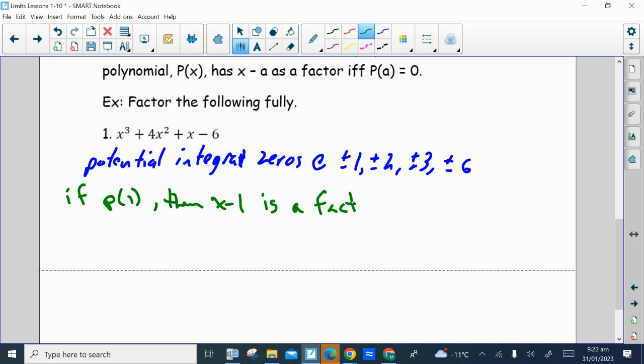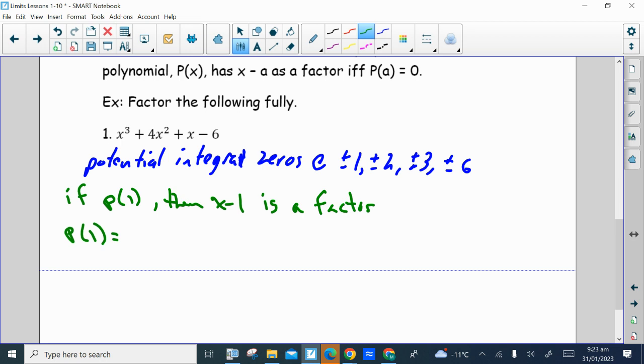And remember, there's two ways that we can do this. You can find out what p at 1 is. Remainder theorem says if you divide a polynomial by a binomial x minus a, you can determine what the remainder would be by evaluating for p at a. So if you want to know if x minus 1 is a factor, we evaluate for p at 1.